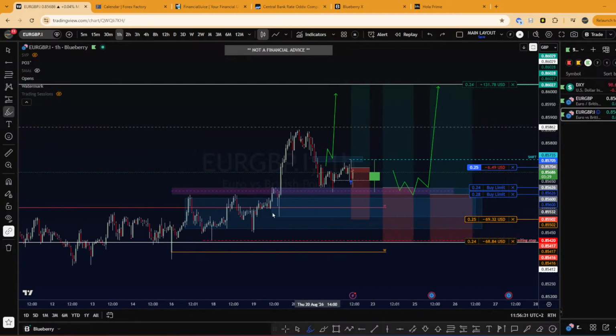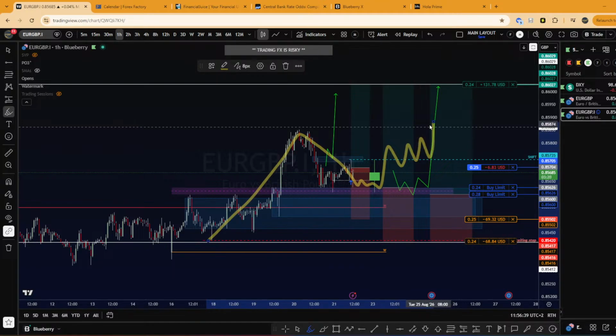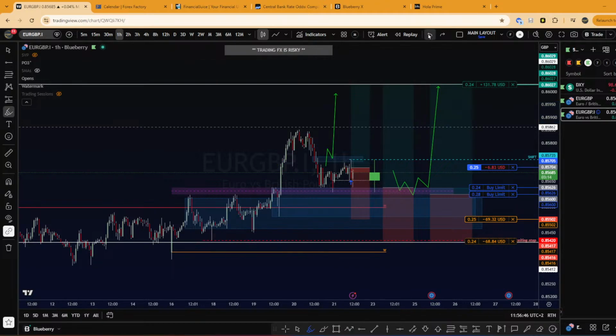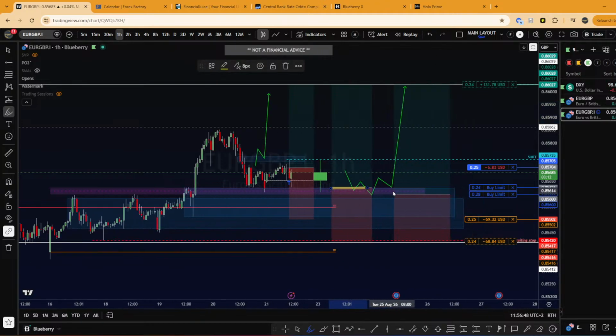What I wanted to see, at least for this London session, is just a retrace and then order flow starting to click. Because I have stuff to do, I put some buy limits here in case we retrace even lower to find a discount price.